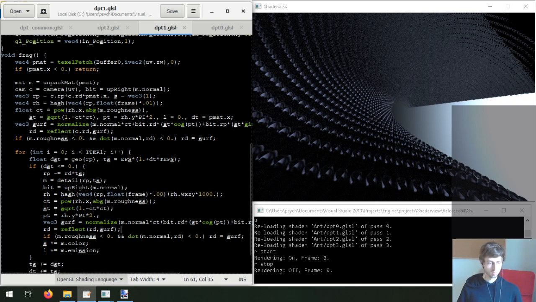I might just remove that then, if it actually doesn't work. I wonder why it doesn't work here.